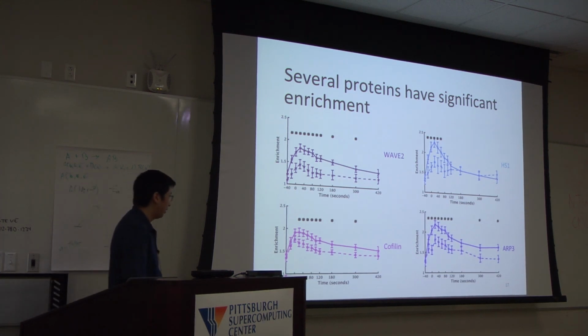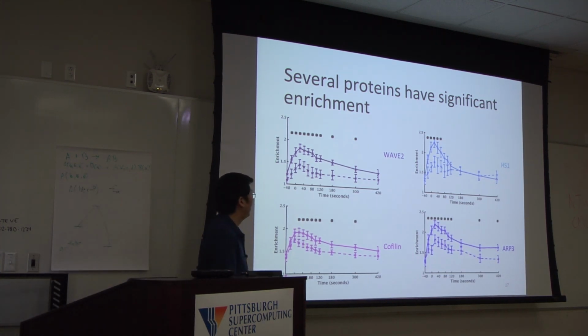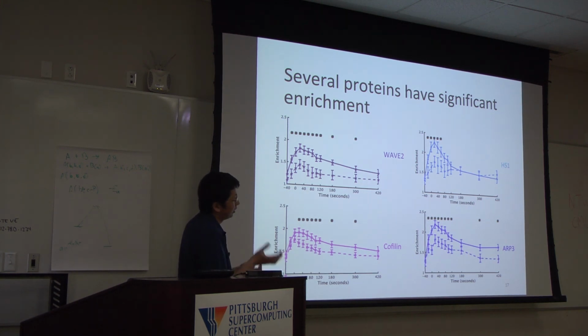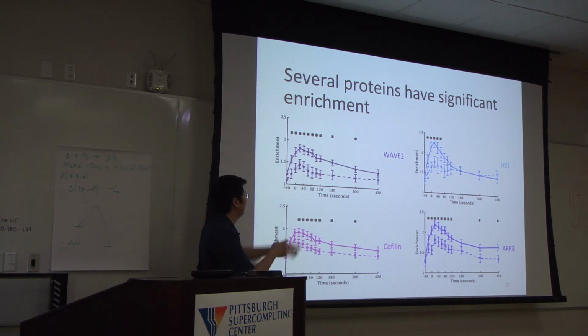So we do some detailed comparison of the 2 different conditions for each protein, and we calculate p-values for each time point, and we found for all these 4 proteins, they have a lot of different time points that are significant. That is, in the stimulus condition, they will have a higher enrichment. This means they will have more accumulation, while if we block them, the enrichment will be reduced.